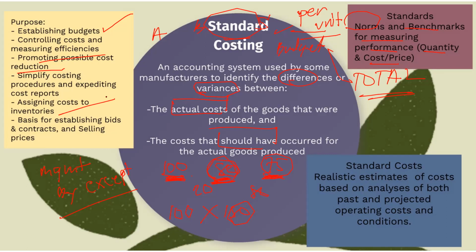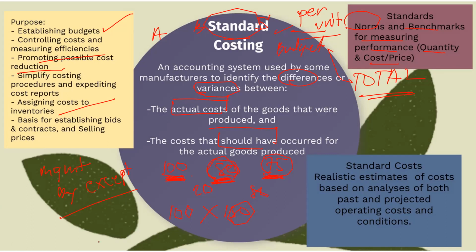Di mo kailangan maghanap what will we assign on this one. What would be our applied cost on this? Okay, it's simply your standard. And of course, it's a basis for establishing bids and contracts and selling prices. Okay? So that's a very purpose of your standard costing. Okay? And kakambal niya palagi yung variance analysis mo kung bakit ka may standard costing.